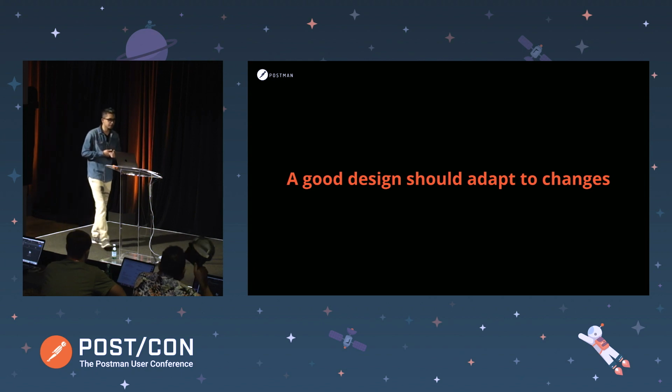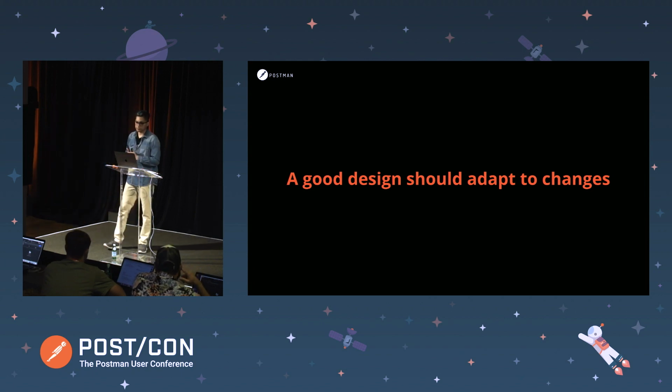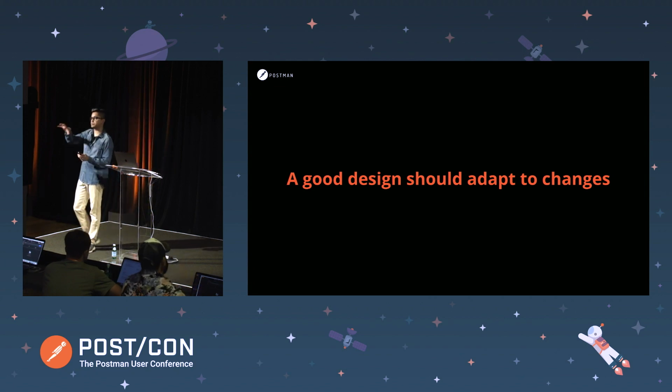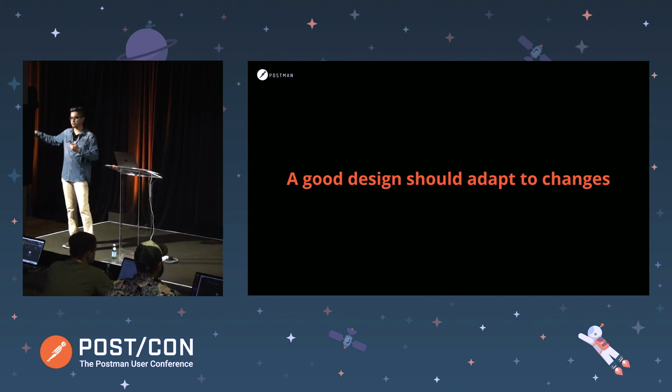If there is something new coming up, that should not impact what is already there. If there are performance concerns, you should be able to isolate that. Just like you use version control to identify which part of your code shipped out, you probably want to apply the same to your APIs, and this is what POSTCON is about.